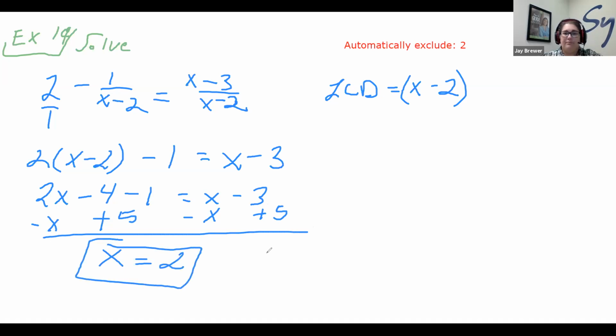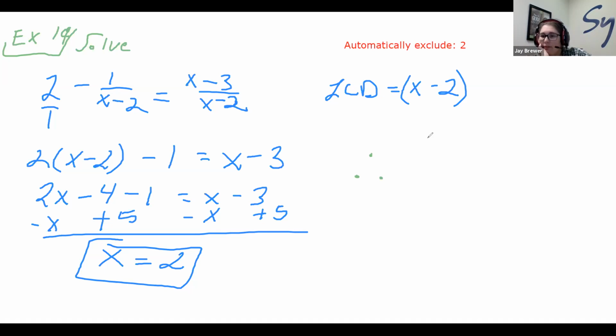So what does that mean? What do you guys think that means? Do we have to do a check in this case?